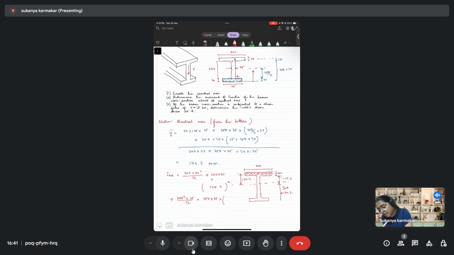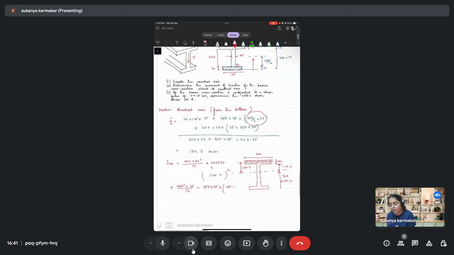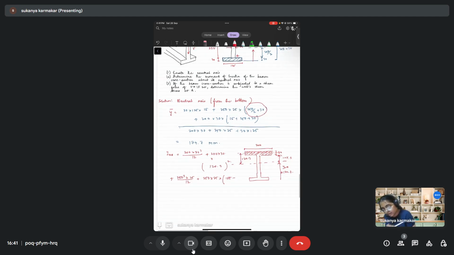Here we had calculated that number. It is 125 plus 30, that is 155. So 155 is the distance of the CG of the web minus 174.7. So this will be the distance between the centroidal axis of the web and the neutral axis.